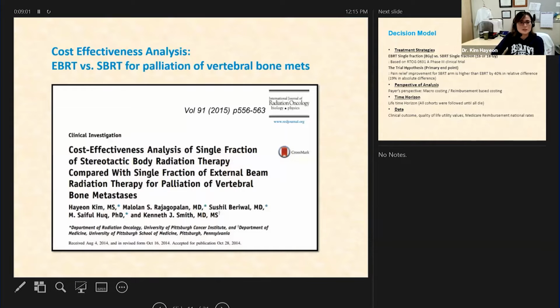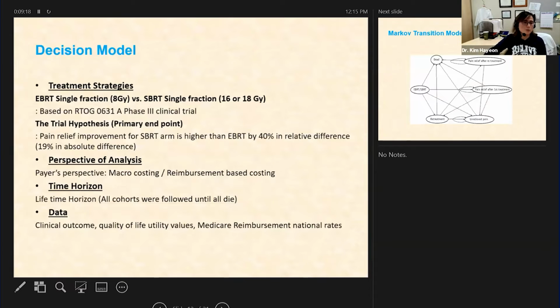This is my previous cost effectiveness analysis comparing external beam single fraction to SBRT single fraction for palliation of vertebral bone mets. At that time, the RTOG 0631 trial was ongoing, and there were no results available yet.